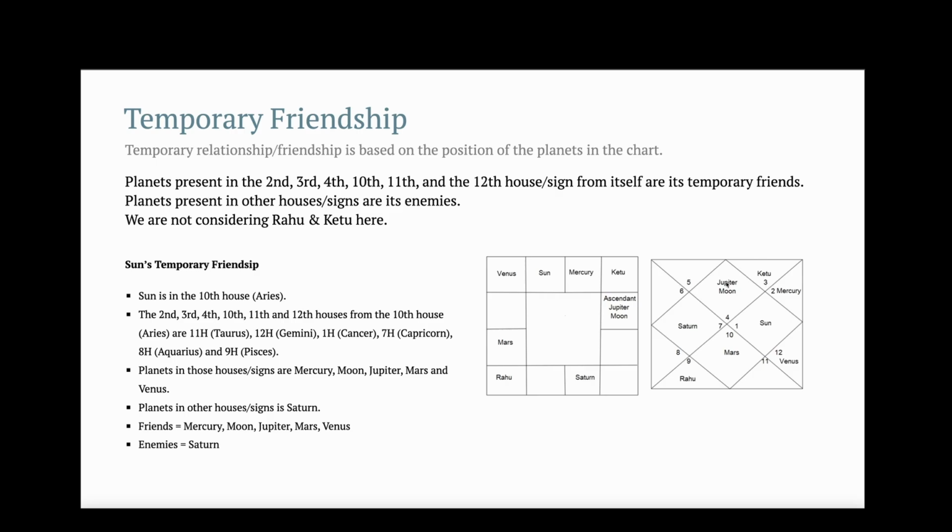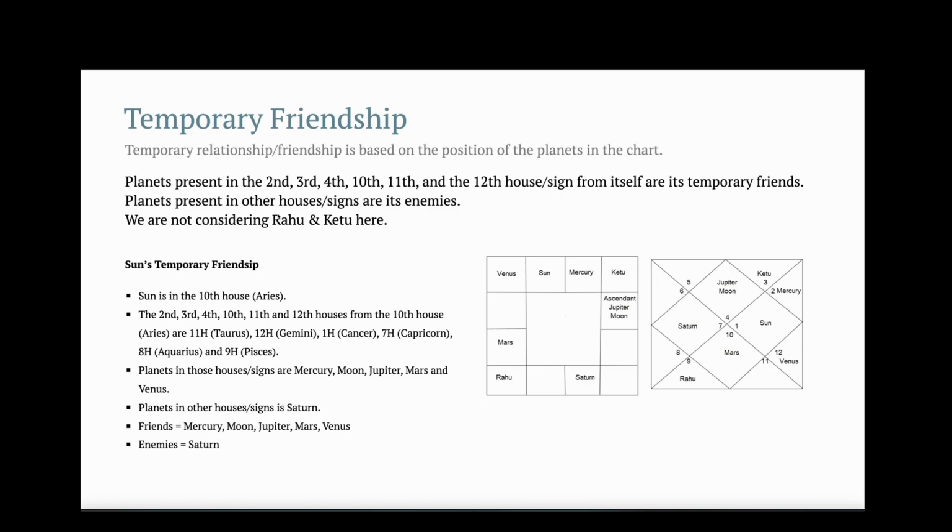Similarly, the 4th house from the 10th house, 1, 2, 3, 4, is the 1st house of this chart or the Cancer sign. The 10th house from Sun is the 7th house of this chart, and that's the Capricorn sign. The 11th house is the 8th house of this chart, and it's the Aquarius sign. The 12th house is the 9th house of this chart, and it's the Pisces sign.